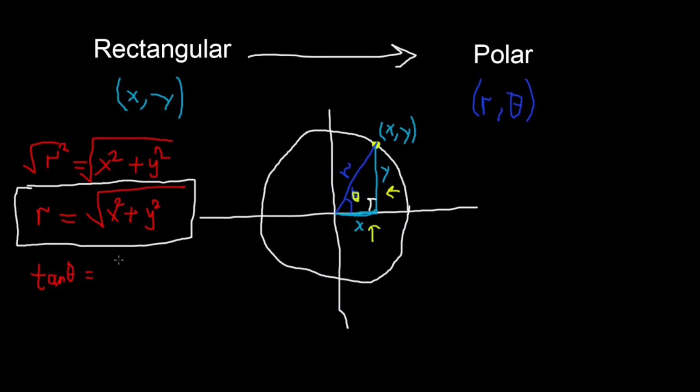So tangent of theta equals y over x. To isolate theta, we can take arctangent, the inverse function of tan, to get theta equals arctan of y over x.